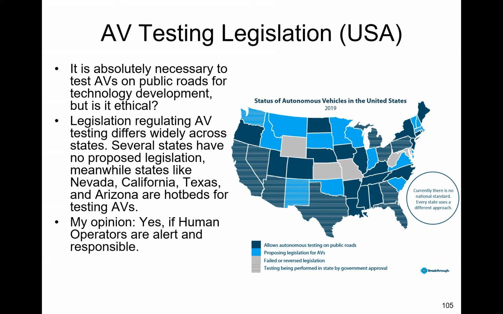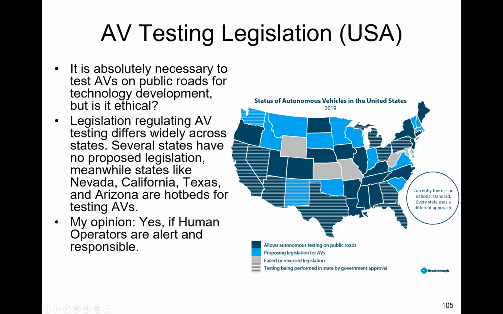So in the United States, the laws are different in each state. Some states have more liberal rules regarding AV testing: Nevada, California, Texas, Arizona. Others are more strict. So I think AV testing on the road is okay if the human operator can be alert and responsible.